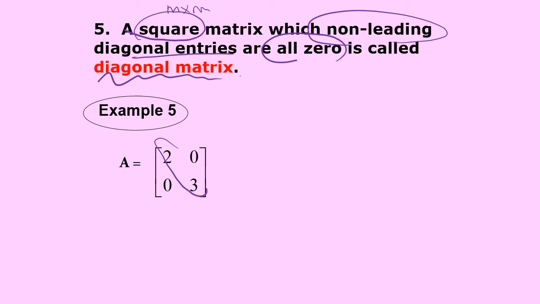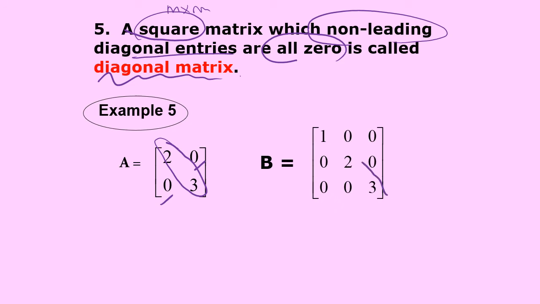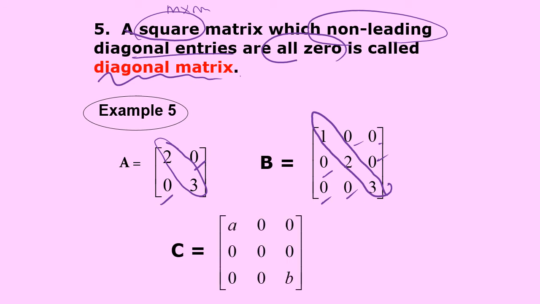For the leading diagonal we have some values, but other than that, it will be 0. Example B, we have 1, 0, 0, 0, 2, 0, 0, 0, 3. So we have values 1, 2, 3 on the leading diagonal, but not in the other entries. And example C, the same as the others, we have values on the leading diagonal. Even though one of them is 0, we still have values in other places of the leading diagonal.